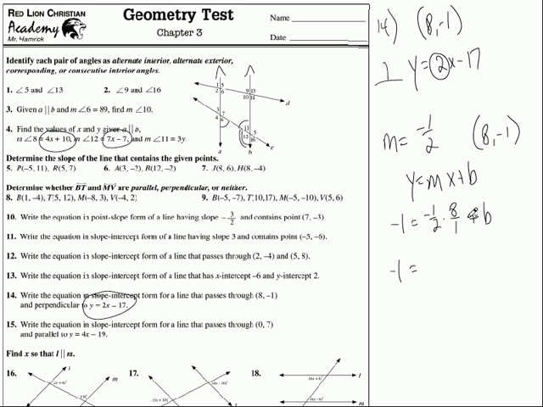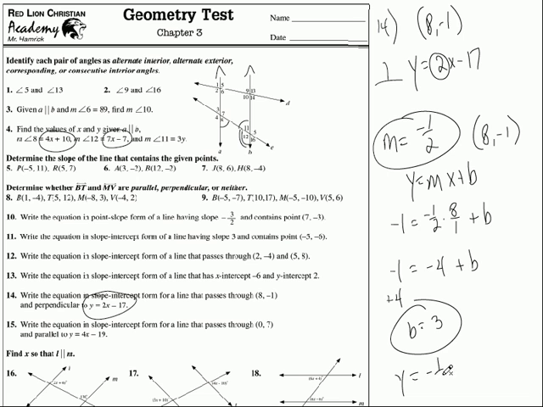Let's do the math. This is pretty easy. This is going to be negative. What's half of 8? 4. So that's -4, isn't it? Add a 4 to both sides. And so what's b? It's 3. So how do I write my final answer? I got a slope, I got a y-intercept. You just put the 2 things together, make it nice and pretty, like I've been saying. So it's y = -1/2 x + 3. That's your answer right there.